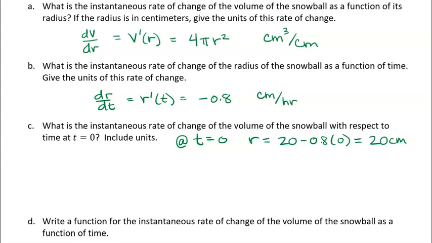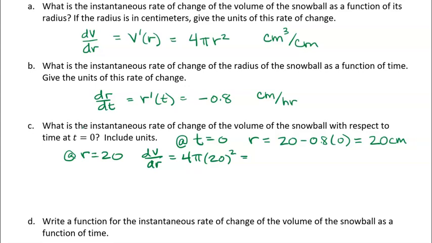I need that because the rate that I have for my volume is in terms of the radius, so I need to know what the radius is. At r equals 20, dV/dr is going to be 4 pi times 20 squared.